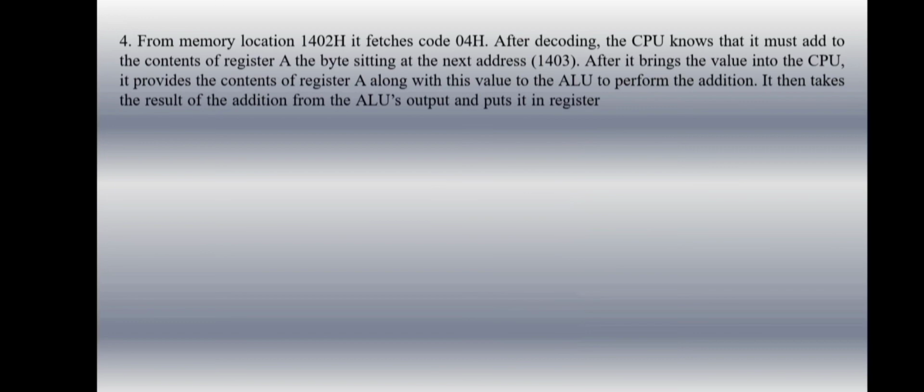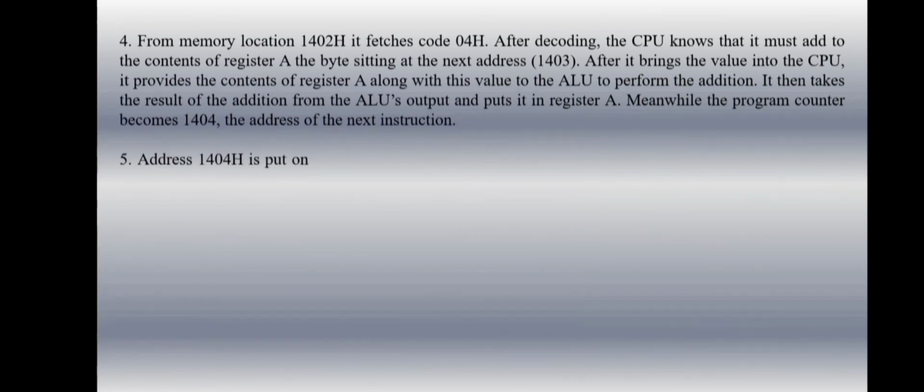It then takes the result of the addition from the ALU's output and puts it in register A. Meanwhile, the program counter becomes 1404, the address of the next instruction.